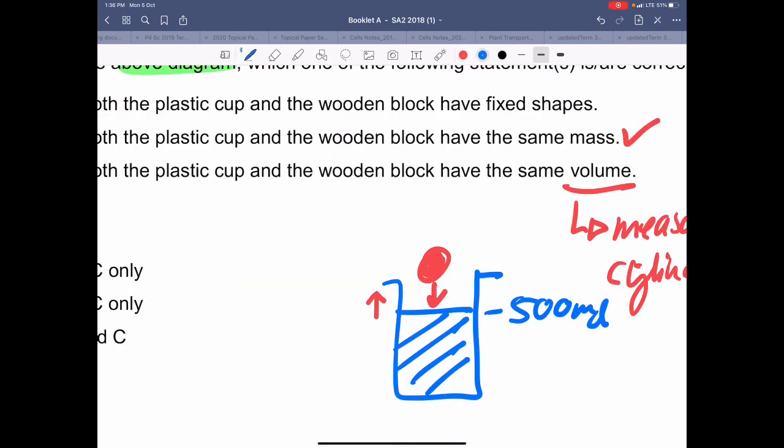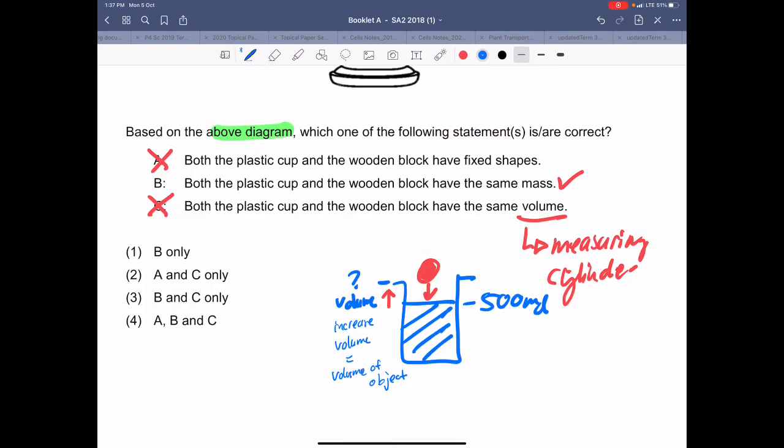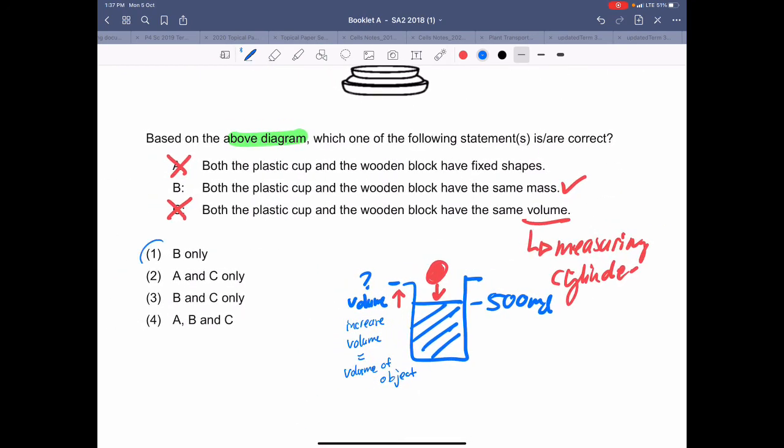And then you read the new volume. Now the increase in volume is actually equal to the volume of the object. And that is how you use the measuring cylinder filled with a known amount of water to find out the volume of your object. Okay, so therefore your answer should be B only.